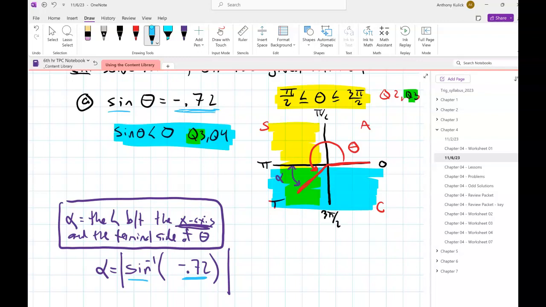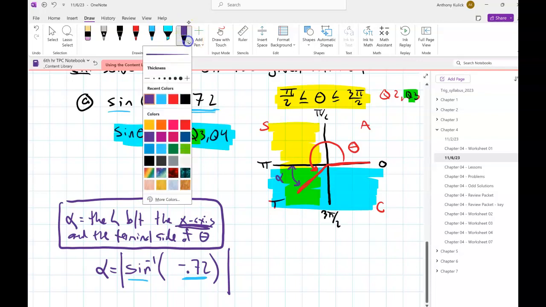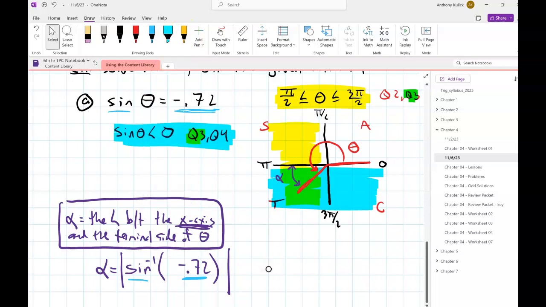Everybody see where those two things came from? All right. Now what I'm going to do is write an equation based on the picture that I've drawn that relates theta, the end of the x-axis that the terminal side is closest to, and alpha.